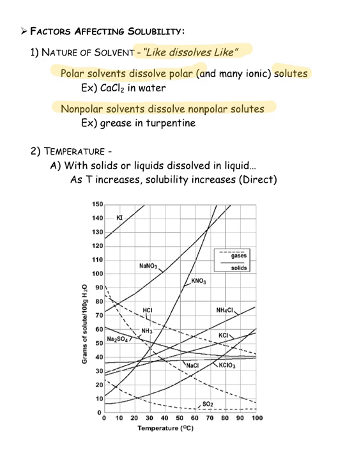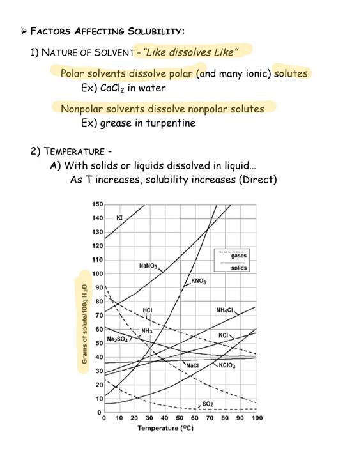So let's break down what this graph is telling us. First of all, along the y-axis, this is the grams of solute per 100 grams of water. So we're only looking at all of these substances being dissolved in water.